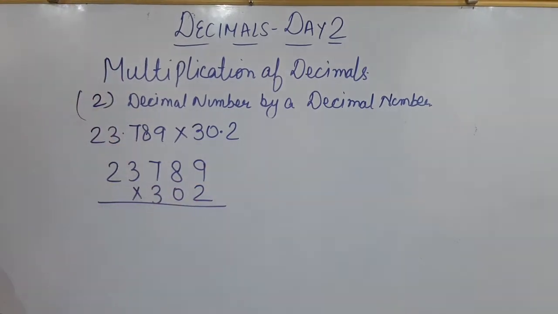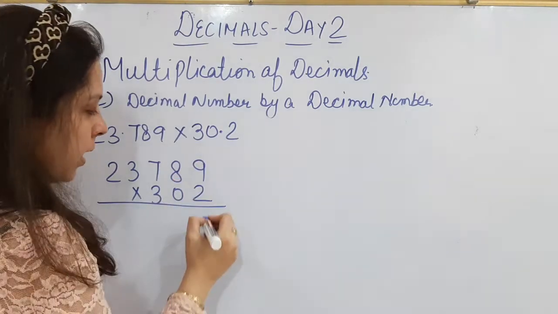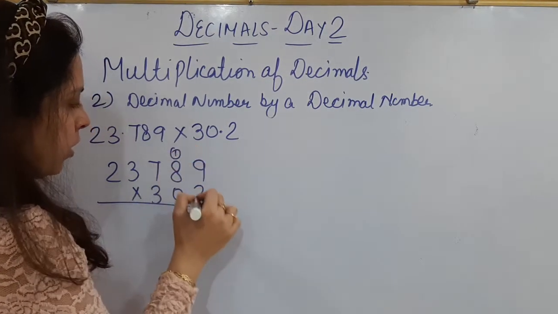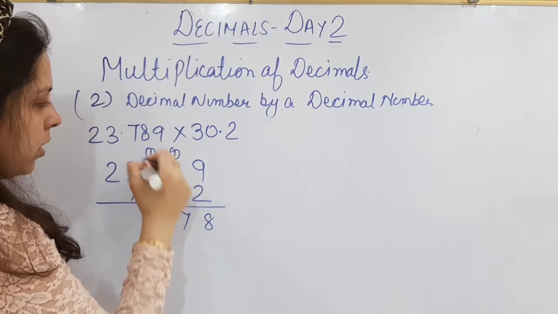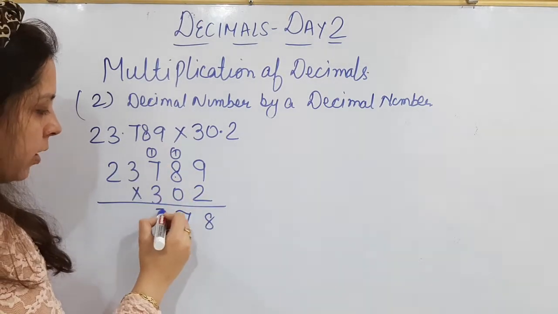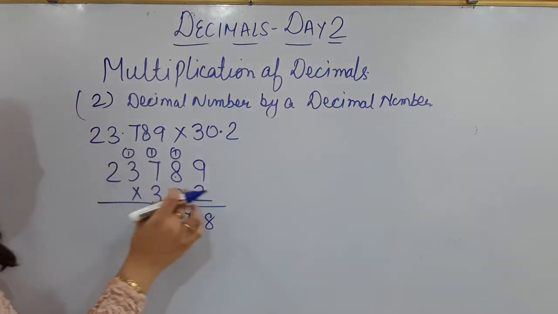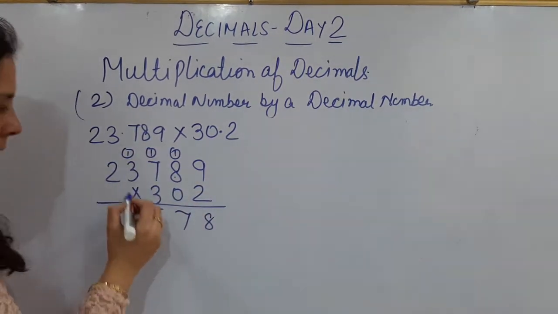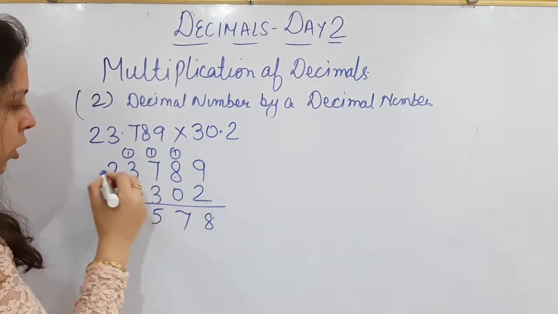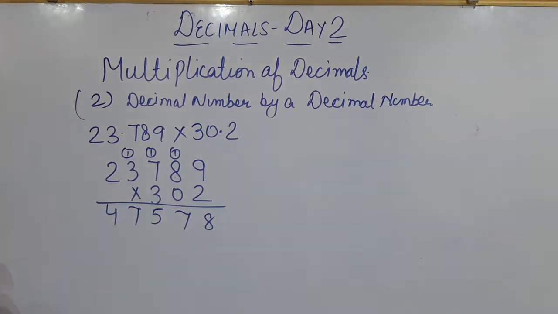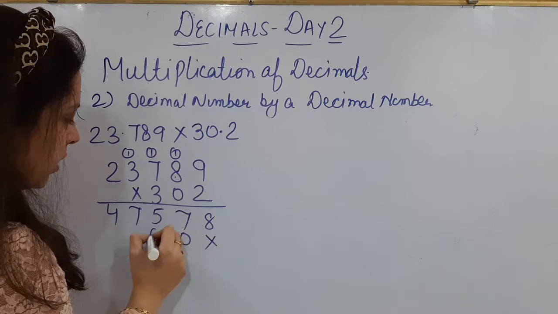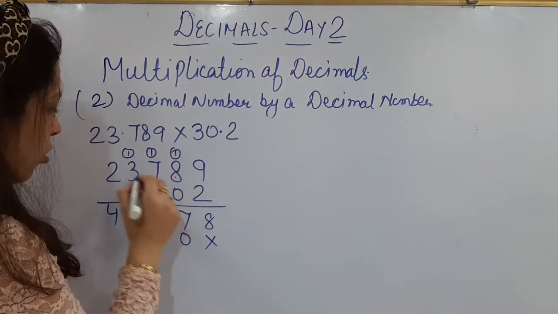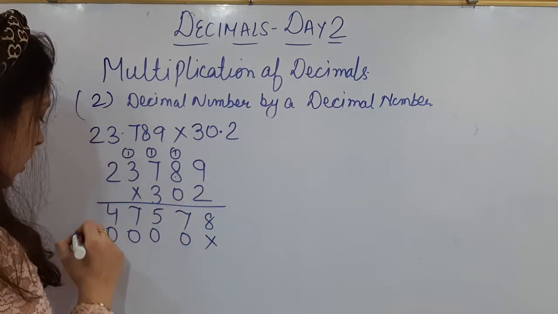So, 2 times 9 is 18. 2 times 8 is 16 plus 1 is 17. 2 times 7 is 14 plus 1 is 15. 2 times 3 is 6 plus 1 is 7. 2 times 2 is 4. Now, 0 times 9 is 0, 0 times 8 is 0, 0 times 7 is 0, 0 times 3 is 0, 0 times 2 is 0.